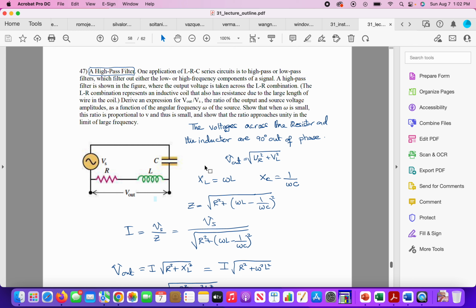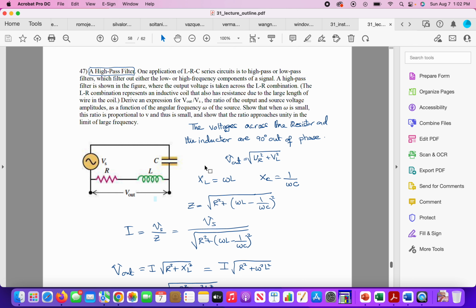A high pass filter is shown in the figure, where the output voltage is taken across the LR combination, and the LR combination represents an inductive coil that also has resistance due to the large length of the wire.